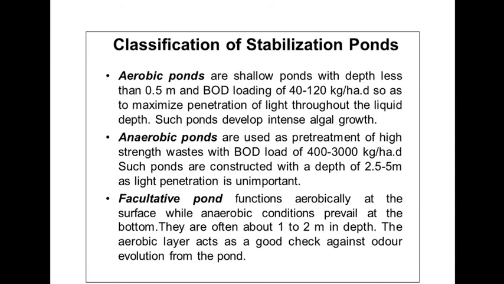Aerobic oxidation occurs at the surface of the pond and anaerobic oxidation occurs at the bottom of that pond. Since both conditions prevail and both oxidations occur within that pond, it is called a facultative pond, with a depth of about 1 to 2 meter. This aerobic layer acts as a good check against odor evolution from the pond.